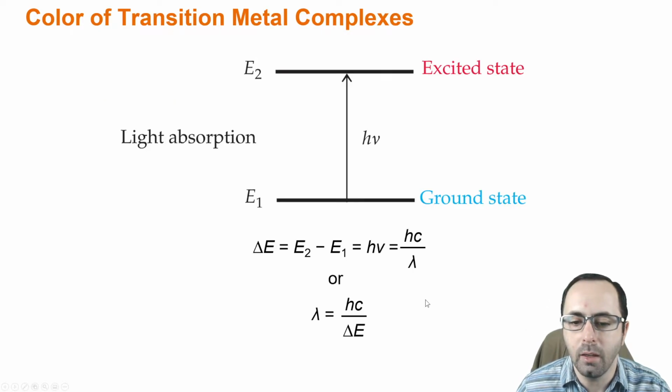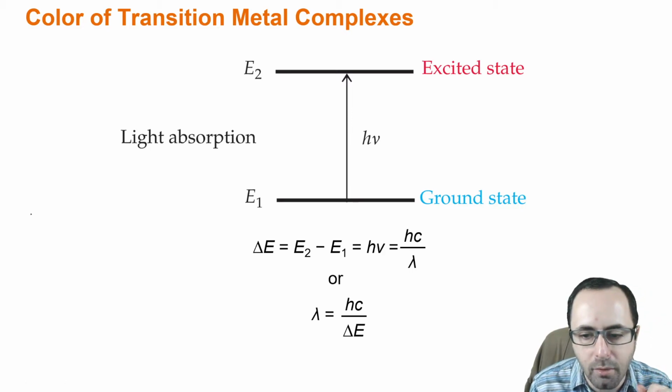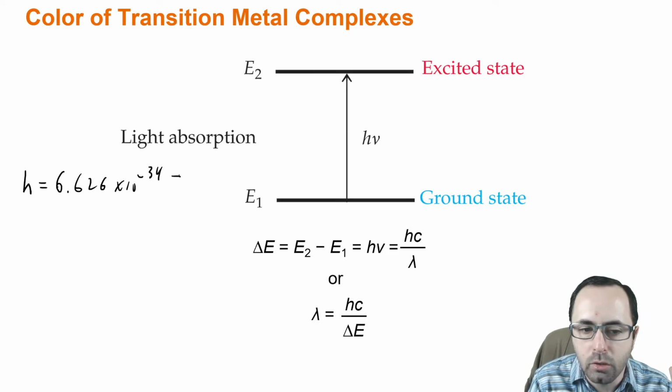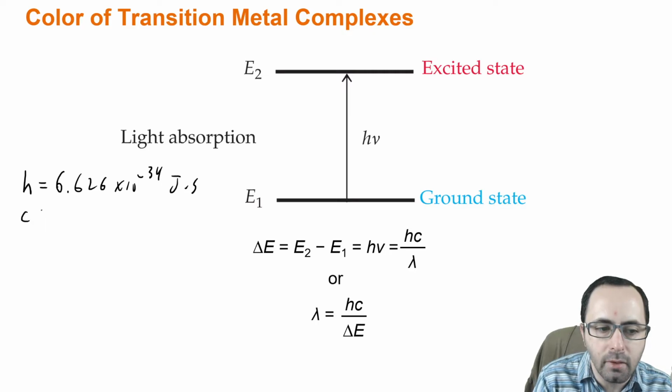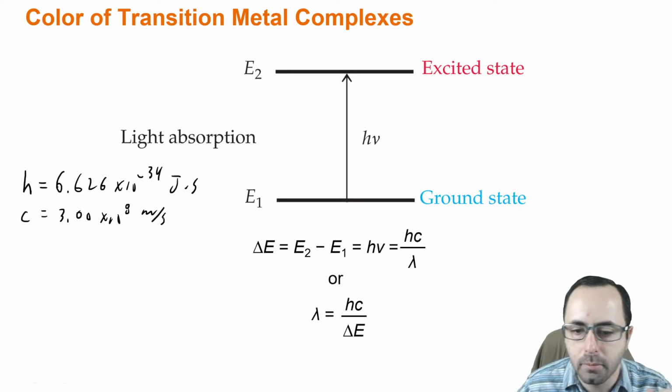And just reminding you here of some old formulas and some constants. Of course, you'll be given the constants here. h in this context stands for Planck's constant, 6.626 times 10 to the minus 34 joule seconds. c stands for the speed of light, 3.00 times 10 to the 8th meters per second.